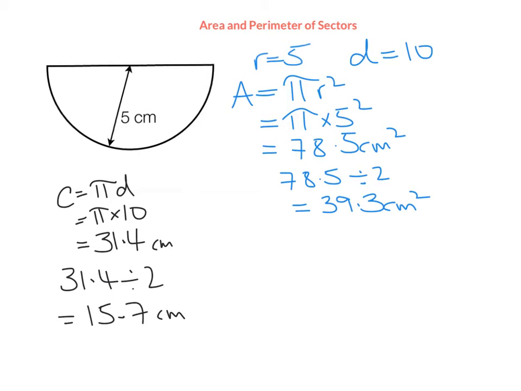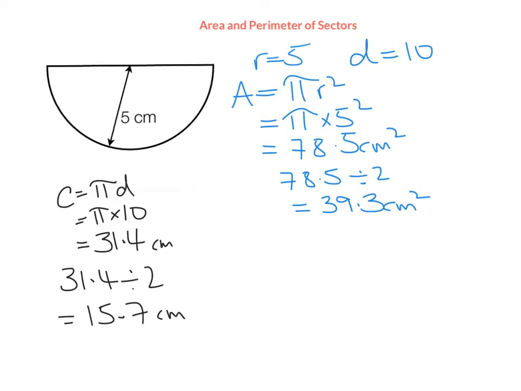Now, the difference with this one is that that's not actually finished. All I've found by dividing the circumference by 2 is the distance from one side of the semicircle round to the other. I haven't found the perimeter. I found half of the circumference. The perimeter, as we know, is the total distance around a shape.